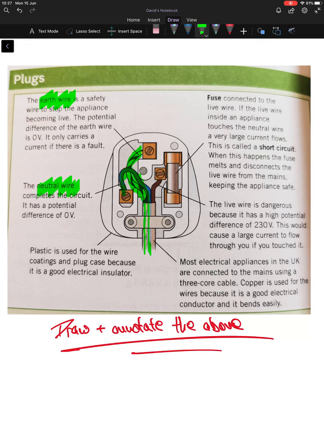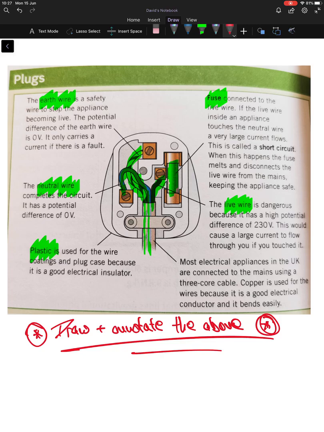We've got our blue one, which is our neutral wire. And we've got our brown one, which is our live wire. Fuse, which we often find in one of these, where you place, and then obviously coated in plastic as well. So pause the video for me now, and in your own notes, if you're in revision, make sure you've made a note and annotated the above diagram.